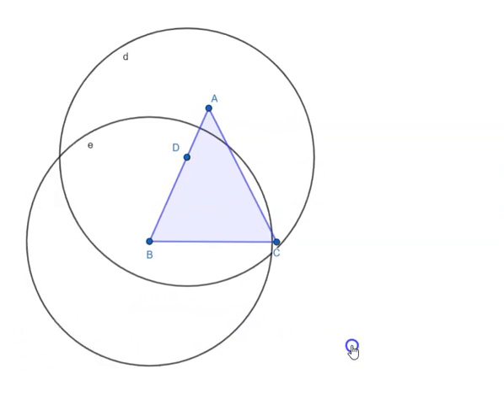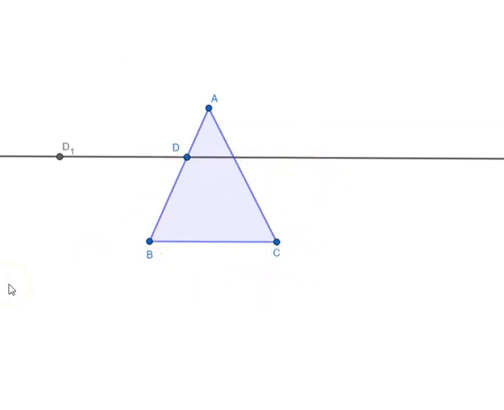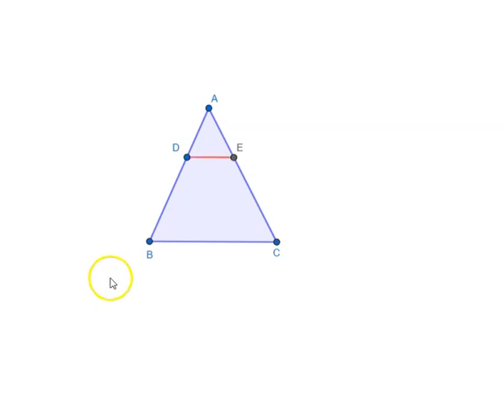Let me bring it into the frame, take the intersection, and draw the line. So now this line is parallel to BC. Let's mark the intersection of this line with the other side of the triangle, E. Now let's hide this line and this point, and let's join D and E. So this line is parallel to BC.